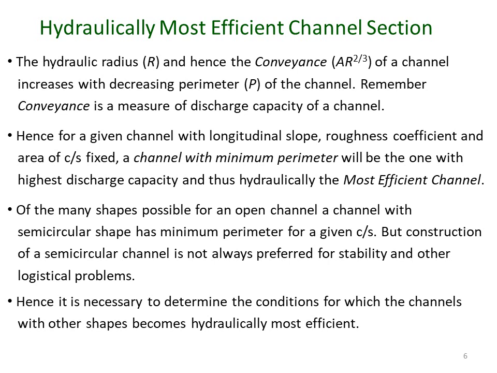The conveyance, which is given by A into R to the power 2 by 3, increases with a decreasing wetted perimeter of the channel, given that the other parameters, the cross section, is fixed.